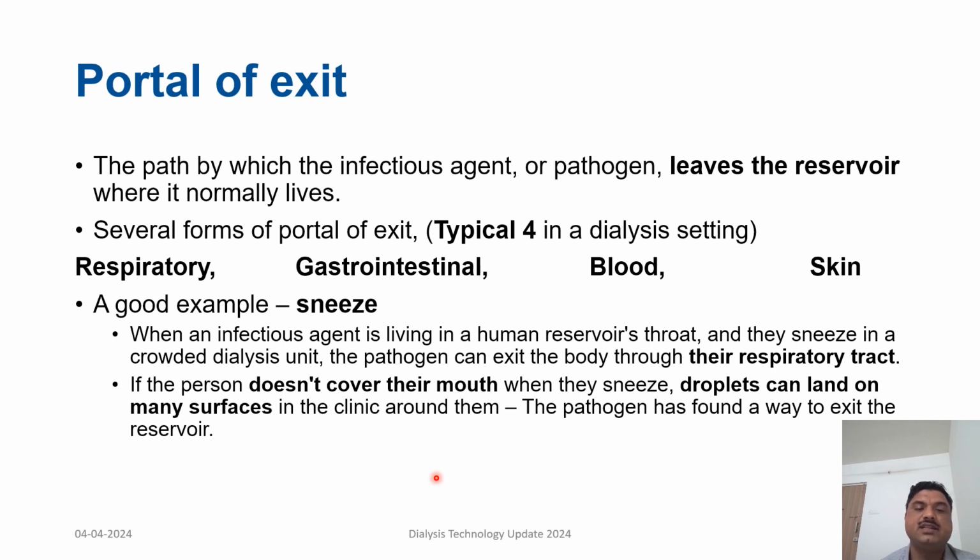If the person does not cover his mouth during the sneeze, the droplets of the infectious pathogen spread around and deposit onto many surfaces in and around that person. This way the pathogen finds a way to exit from the reservoir.